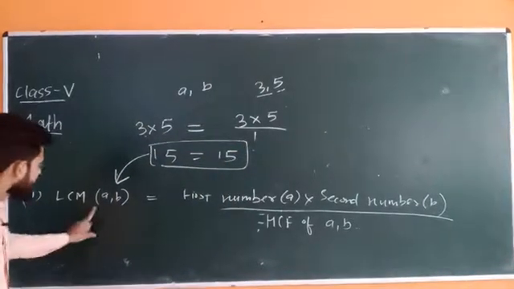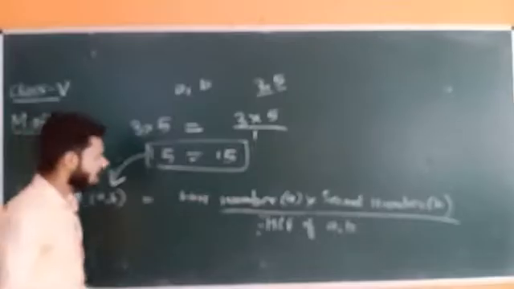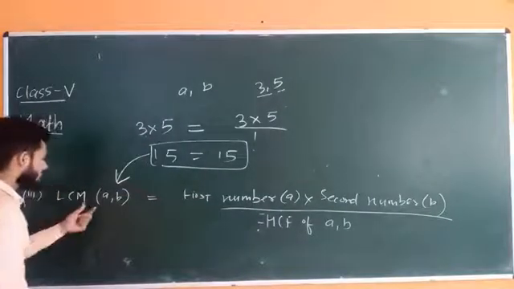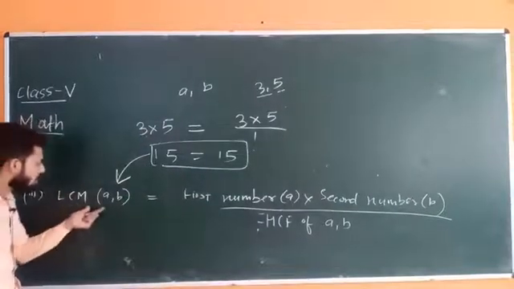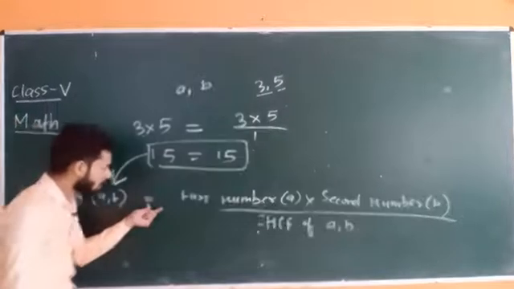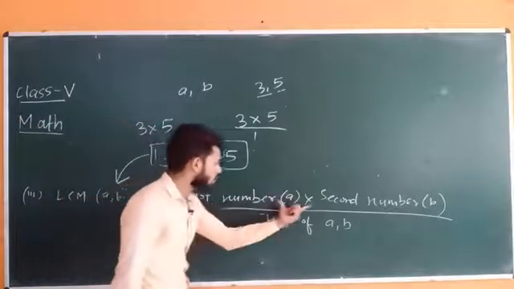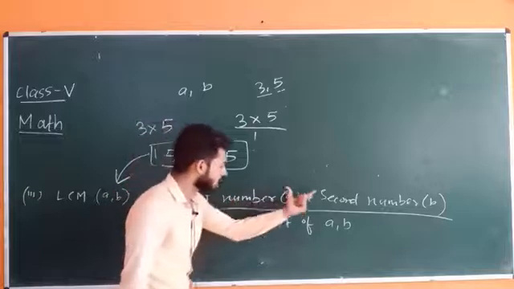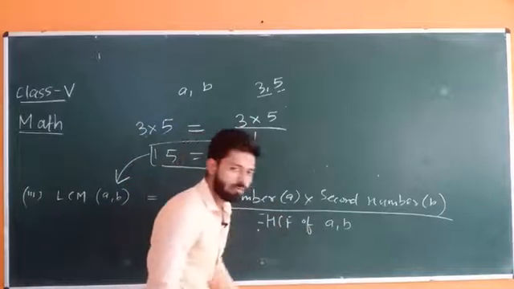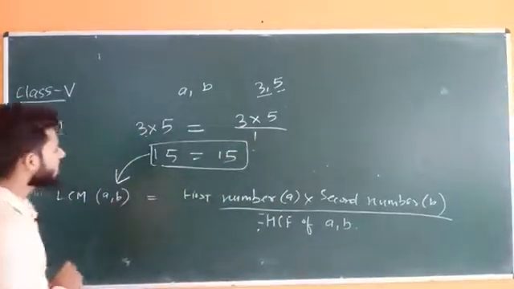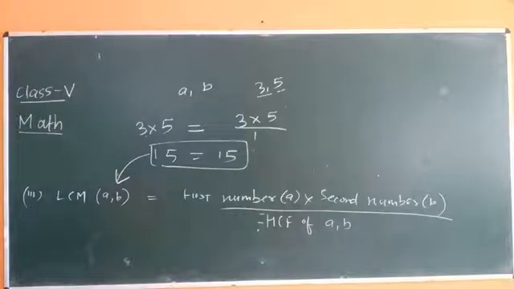So always remember the relation, that is if there are two numbers then the LCM of both the numbers should be equal to the product of both the numbers, that is A into B divided by the HCF of A and B. Many questions can be asked on the basis of this topic.